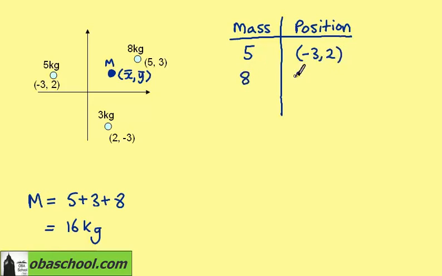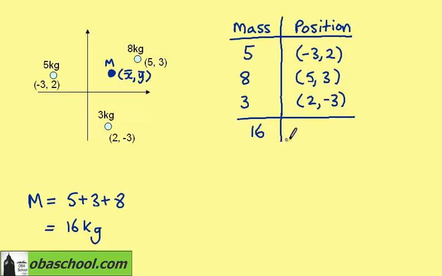We have an 8 kilogram mass at the point 5, 3, and a 3 kilogram mass at the point 2, -3. We want to replace these with our 16 kilogram mass at x bar and y bar.